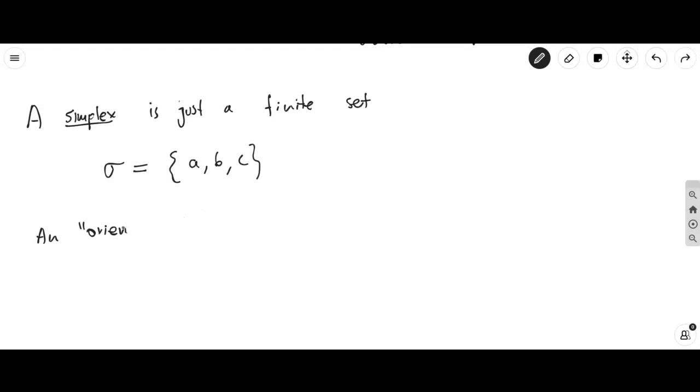An orientation on sigma is just a word. This is starting to feel a little bit reminiscent of when we talked about free groups, but I guess it's nice because things kind of return back again. It's just a word of those elements.